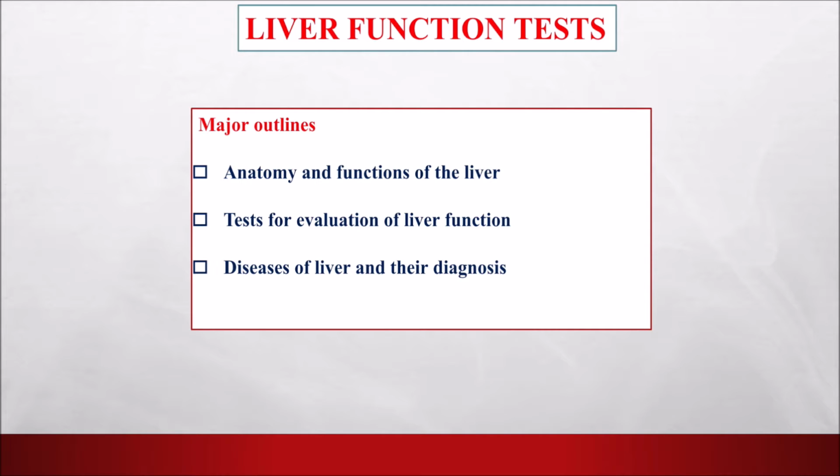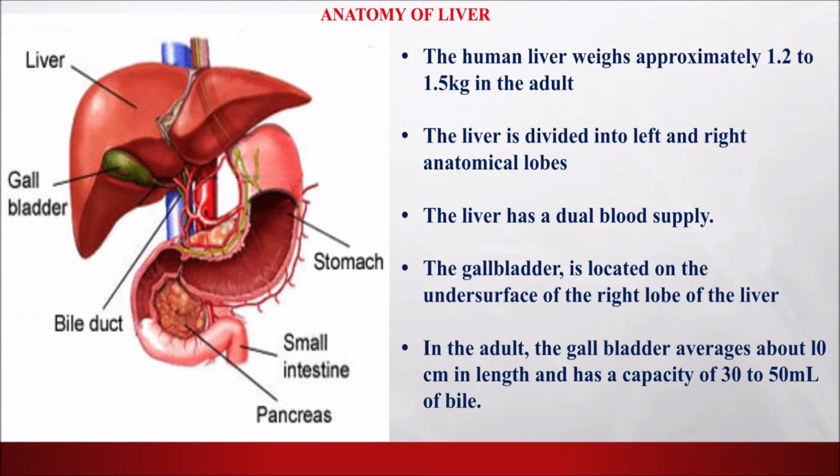First, let us know something about the structure of the liver. We all know that the liver is the largest organ in the human body. It weighs nearly 1.5 to 2 kgs and is comprised of 4 lobes. The two major lobes are the right lobe and the left lobe of the liver.